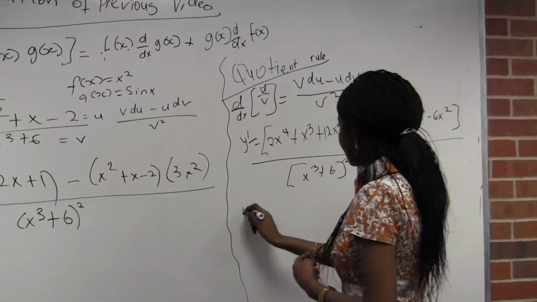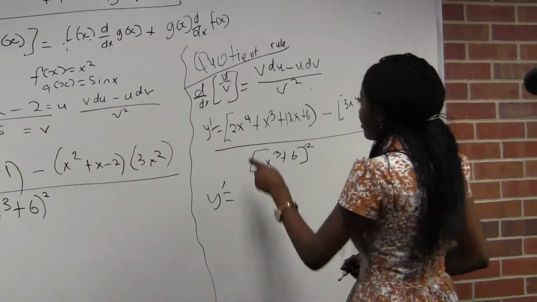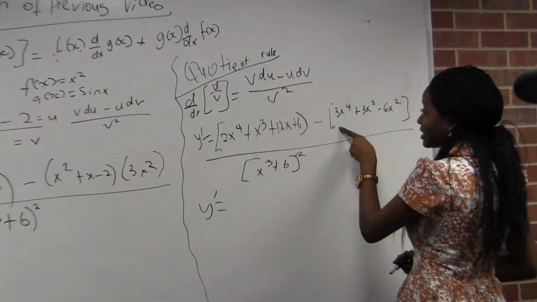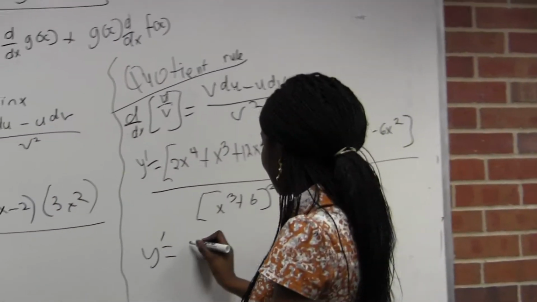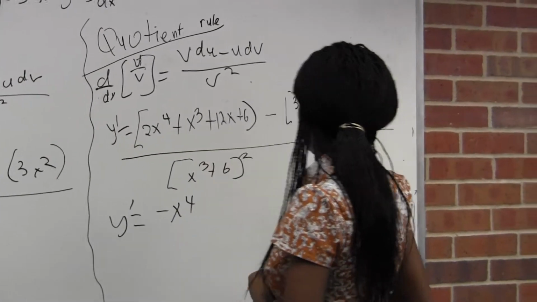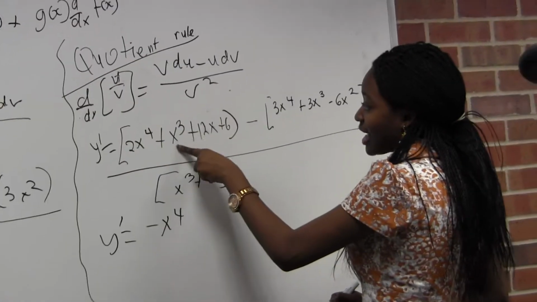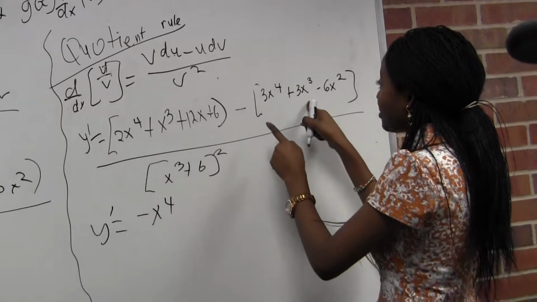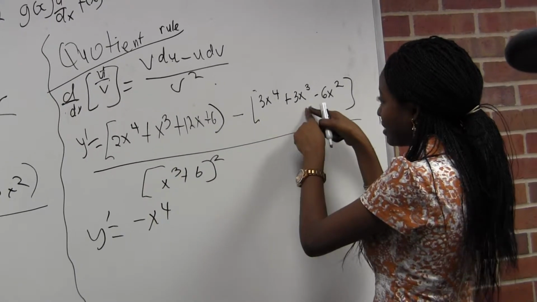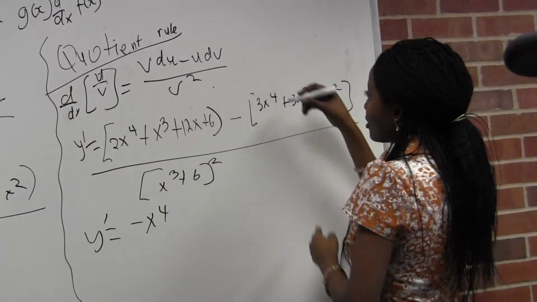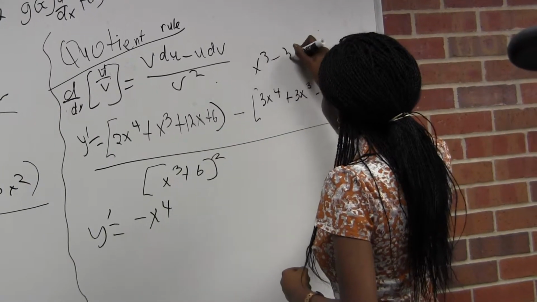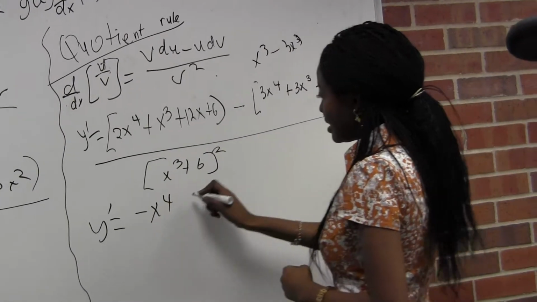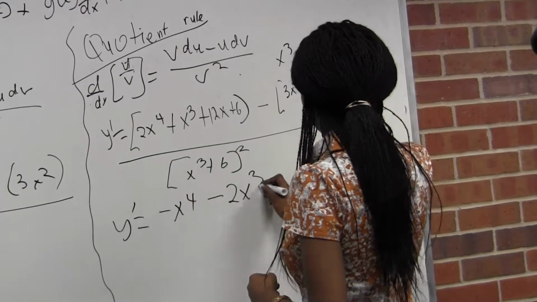So now I can simplify further. So I have 2x to the power of 4 minus 3x to the power of 4. That gives me negative x to the power of 4, right? Here I have plus 2x cubed, and I have negative 3x cubed, because negative times positive gives me negative 3x cubed. So I'm going to have 2x cubed minus 3x cubed, which is negative x cubed.